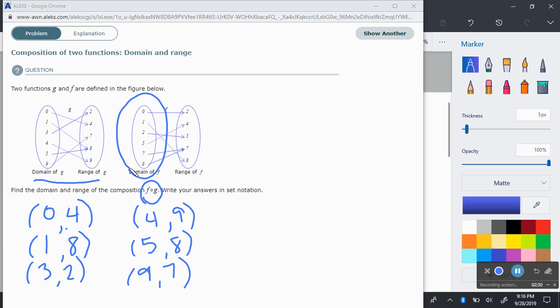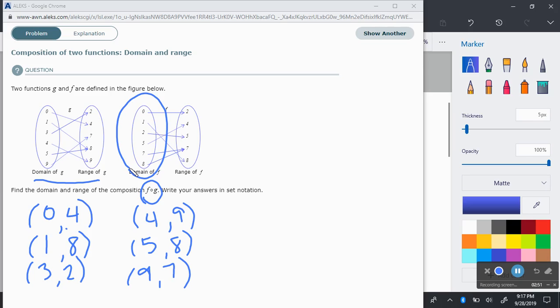So that's not the issue. However, in order for f and g to be able to be composed into each other, where it's f composed of g, we have to look at g's domain connecting with its range, so that's the ordered pairs we've got written here, and then we look at the domain of f and compare it to the range of g.